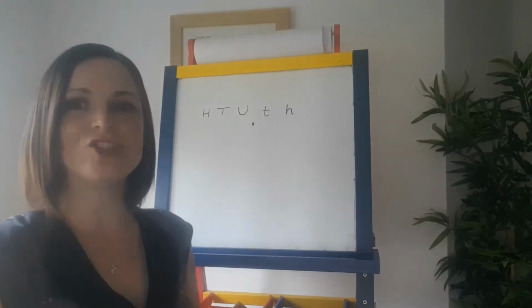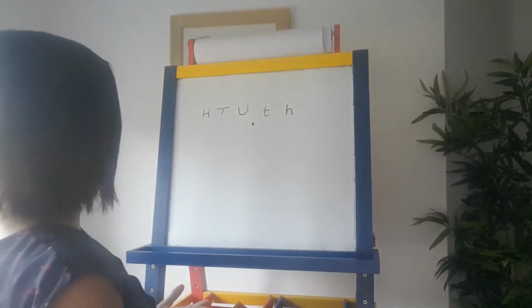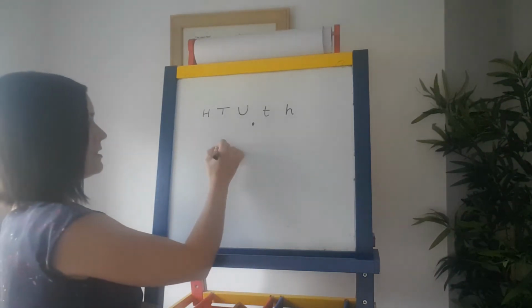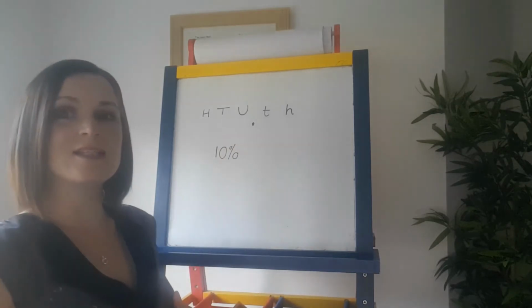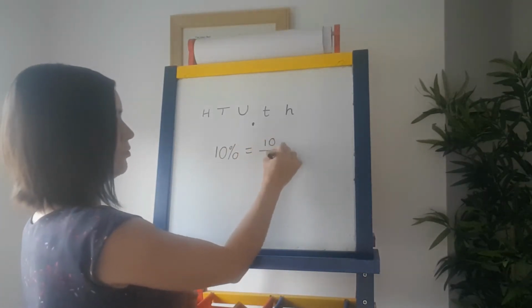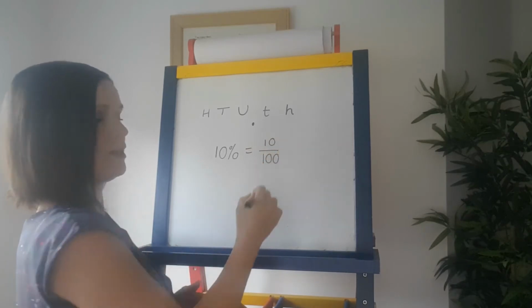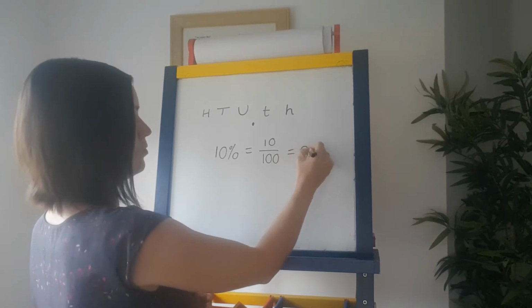The hundredths is really significant when it comes to percentages, because if you've got something like 10%, that is, as a fraction, 10 over 100, and so as a decimal, it is 0.10.